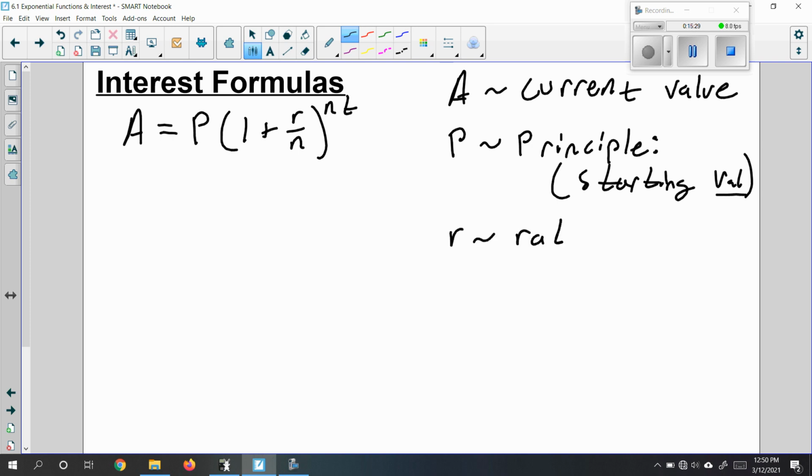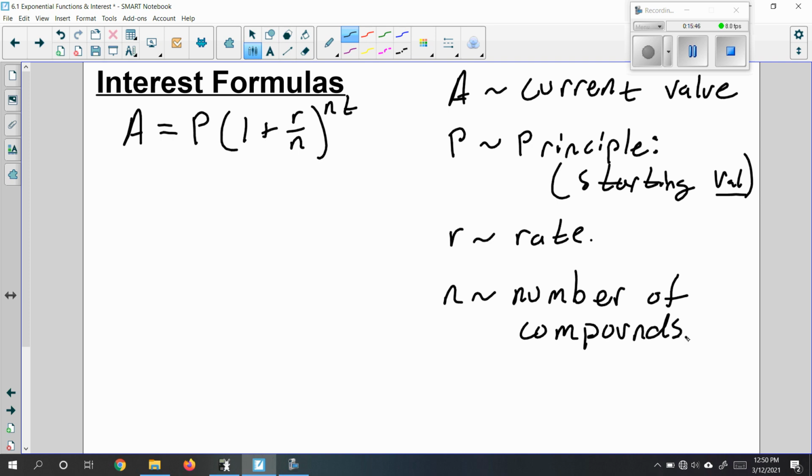R, like before, is the rate or the interest rate. N is the number of compounds, and we'll talk about that in a moment. And T is the time. Okay, so now, what does it mean to be a compound?